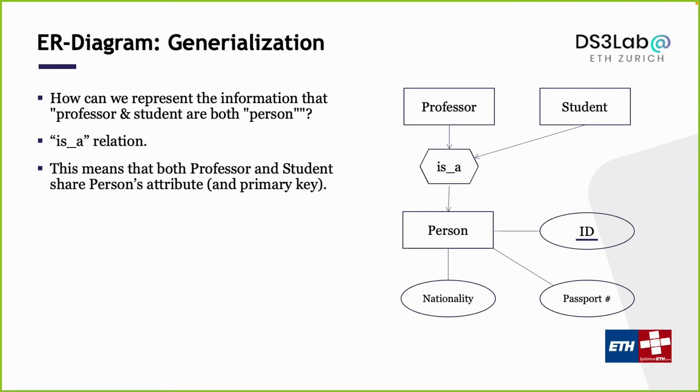You could have special attributes corresponding to professor, special attributes corresponding to students, but they are going to take all of the other attributes and also the key from the person side. Make sense? Any questions about this? No?